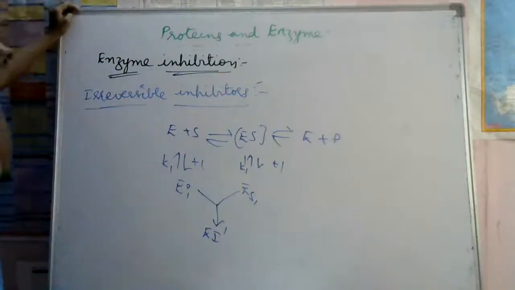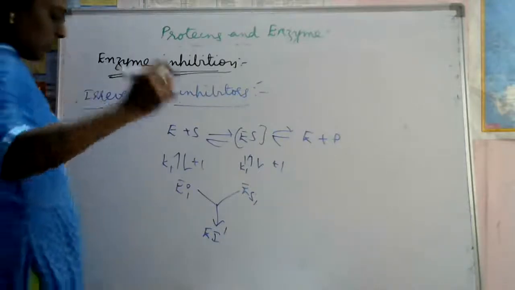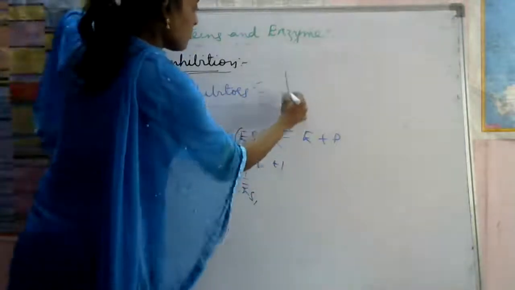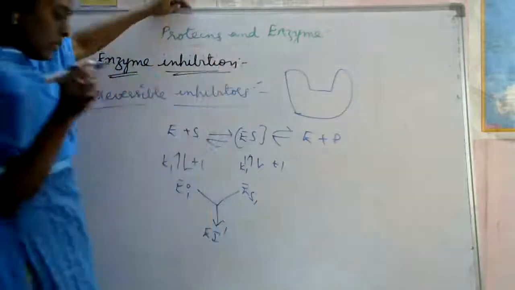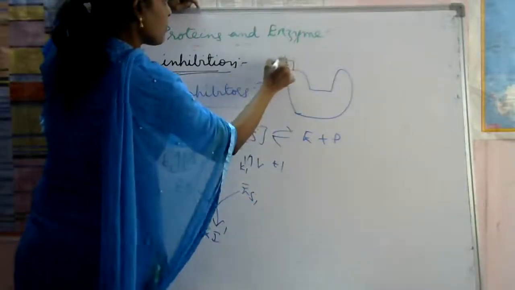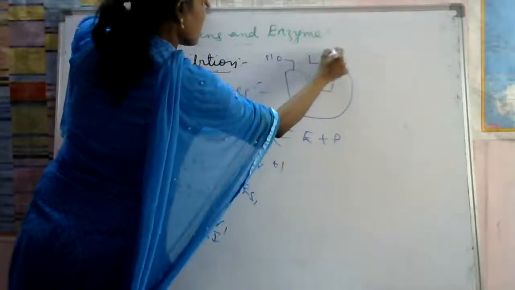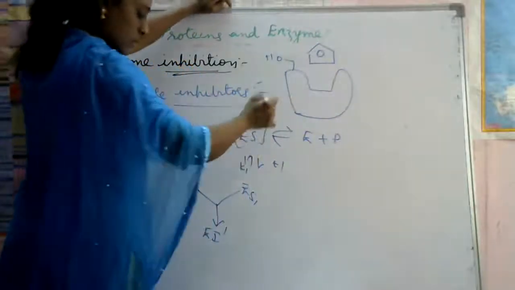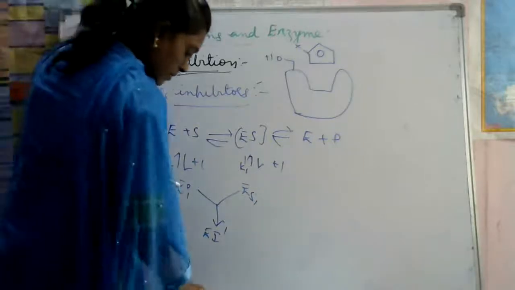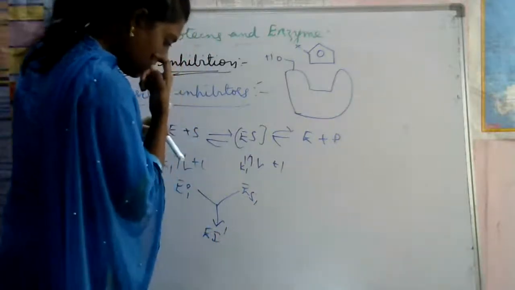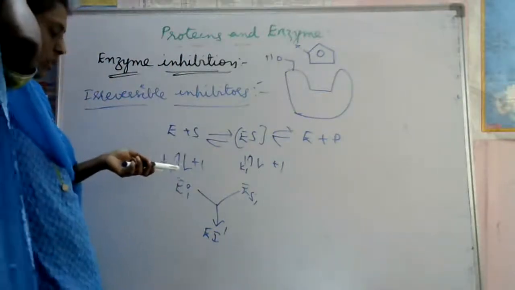For example, the irreversible inhibitor forms a reversible non-covalent complex in competition with the enzyme.